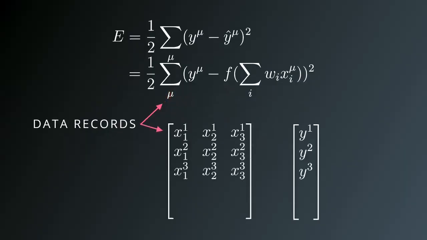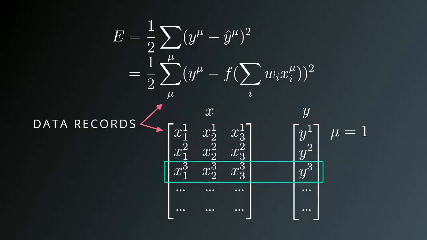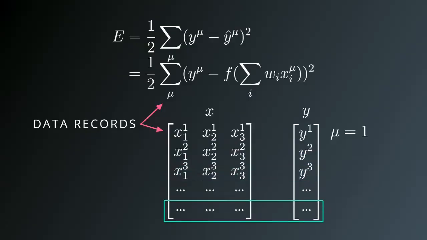You can think of the data as two tables or arrays or matrices, whatever works for you. One contains the input data, x, and the other contains the targets, y. Each record is one row here, so mu equals 1 is the first row. Then to calculate the total error, you're just scanning through the rows of these arrays and calculating the SSE, then summing up all those results.